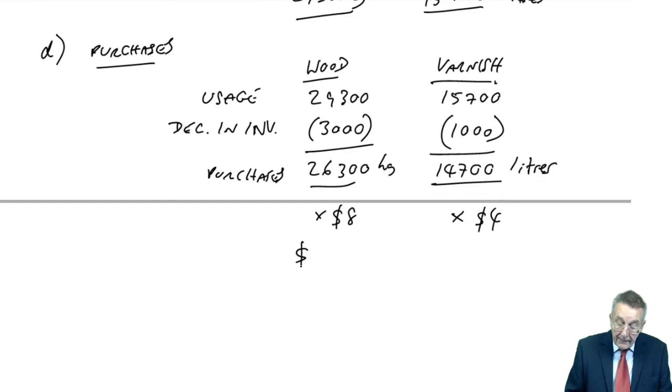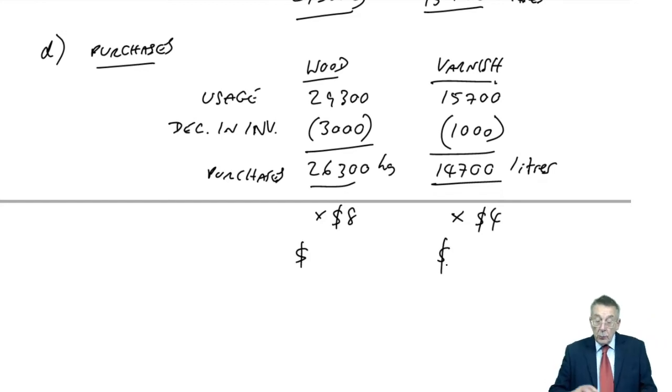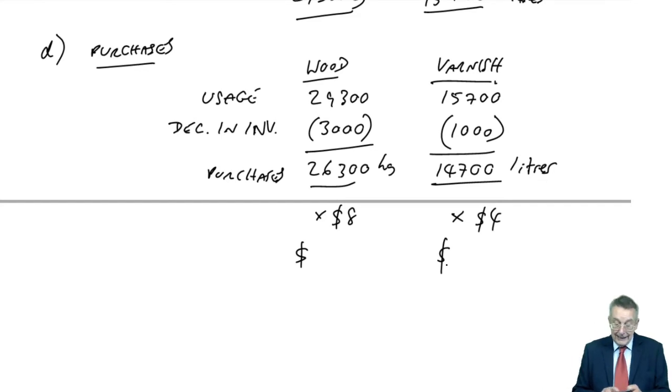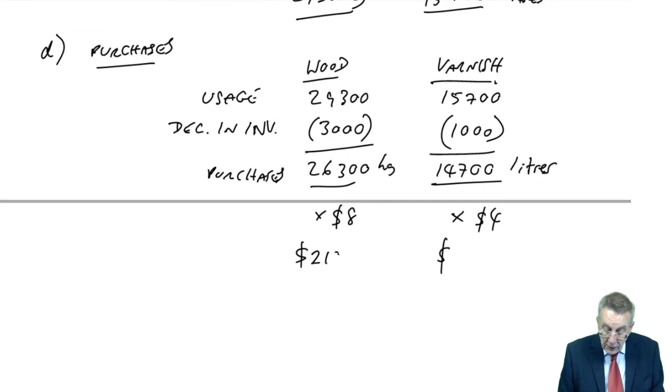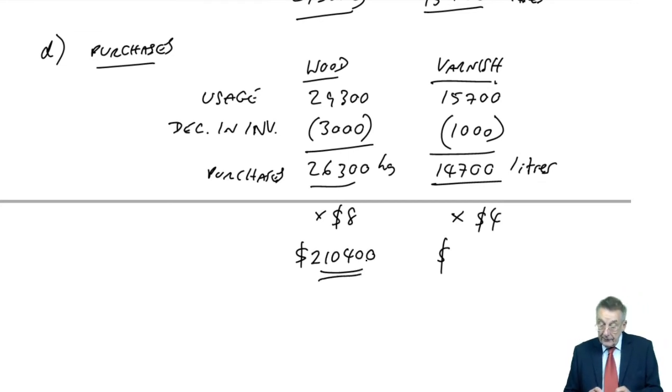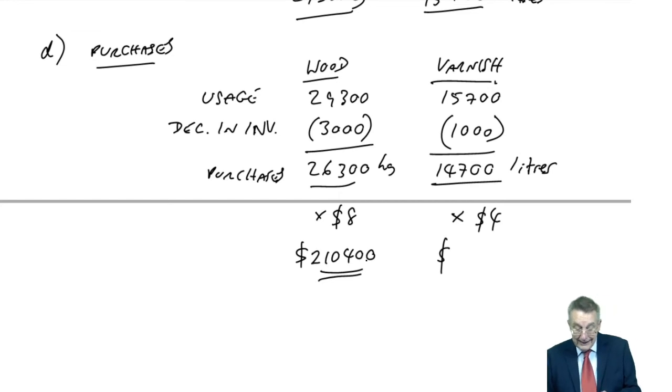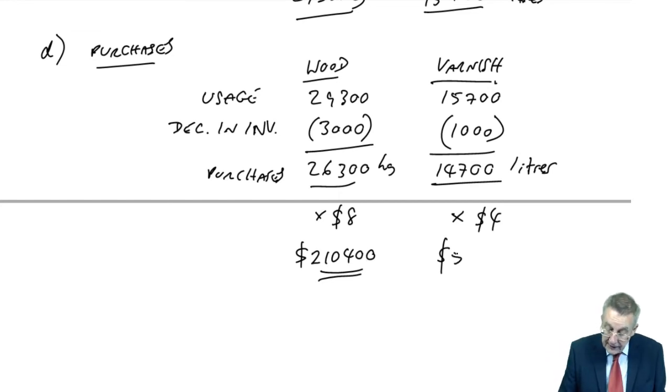And so the actual expenditure we expect on wood is $210,400. On varnish, 58,800.